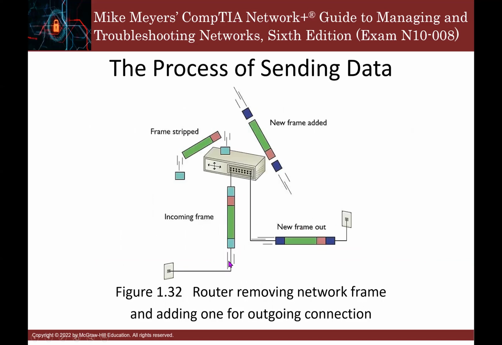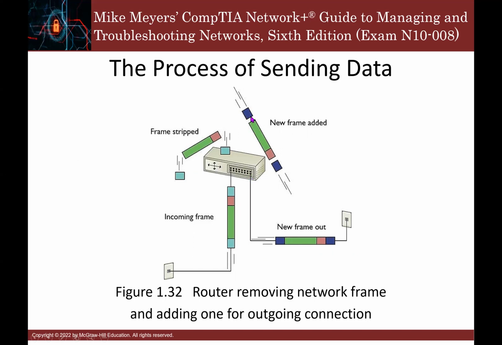We have a frame coming in, and that frame has a header and a trailer, and this would be the packet header and trailer, and then the data. And the router is going to take off the header and the trailer of the frame so that it can read the IP addressing of the packet. And then it will direct it to the appropriate interface to go outbound to the device it's going to.